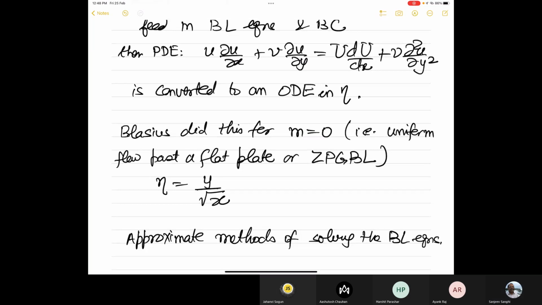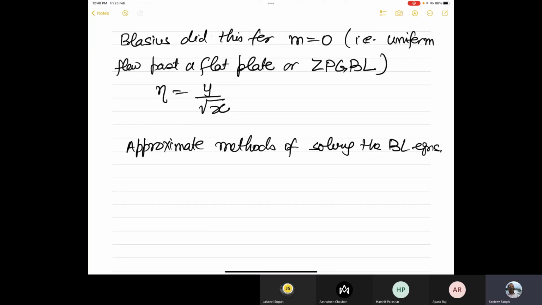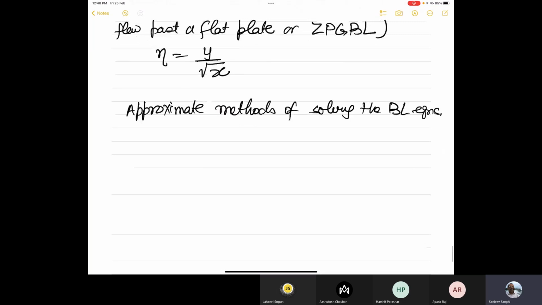But one more thing before I end the class today: we will look at some of these different types of boundary layer thickness and approximate methods in the next class.